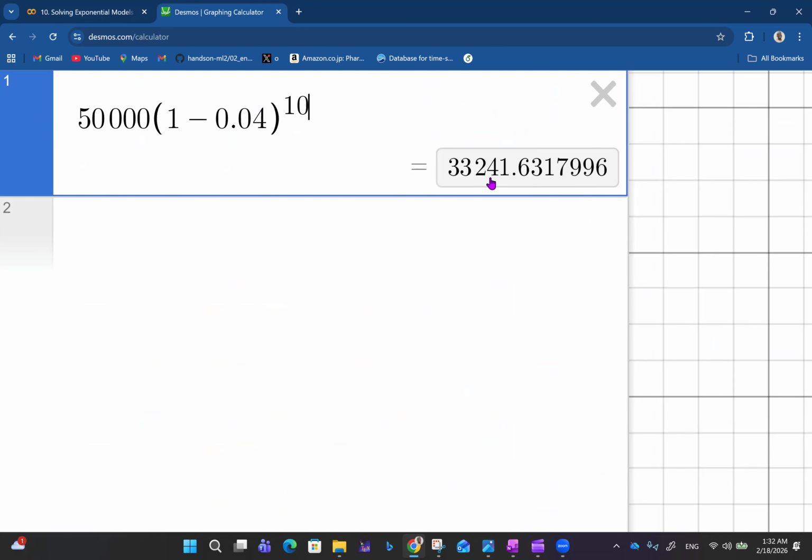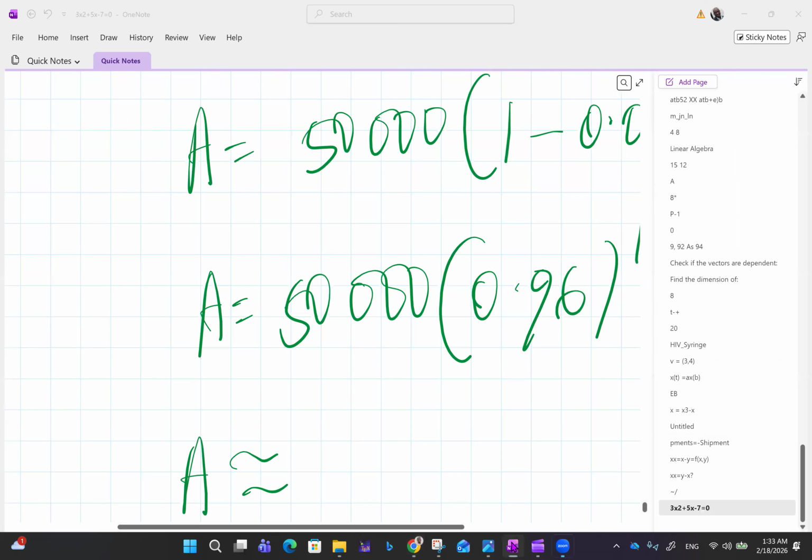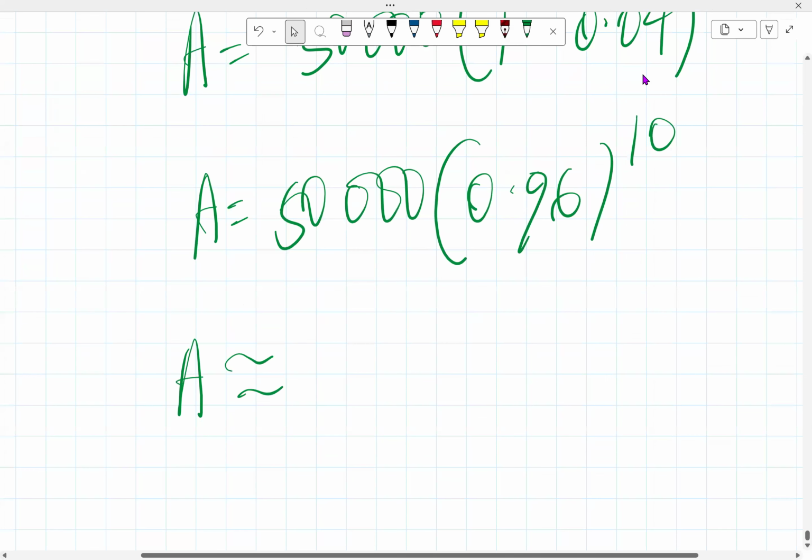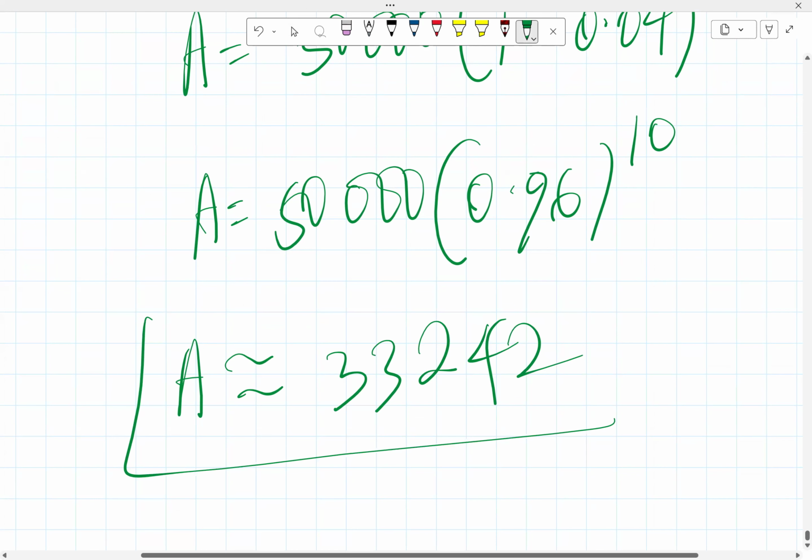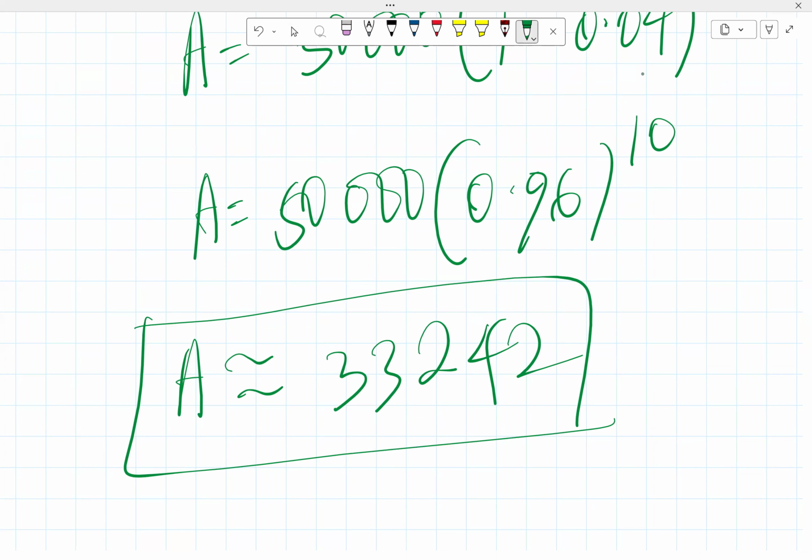So that's 33,241.6. That's roughly 33,242, right? 33,242. Okay. So there are roughly 33,242 trees after 10 years.